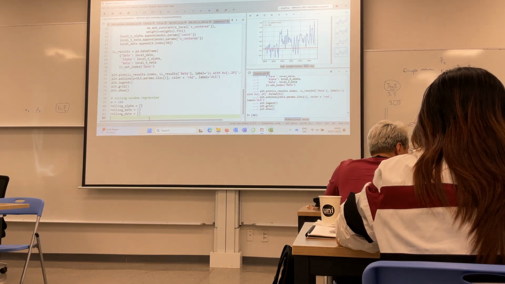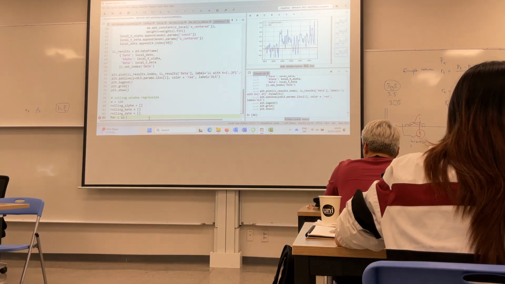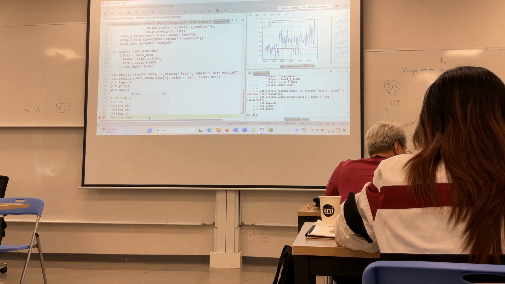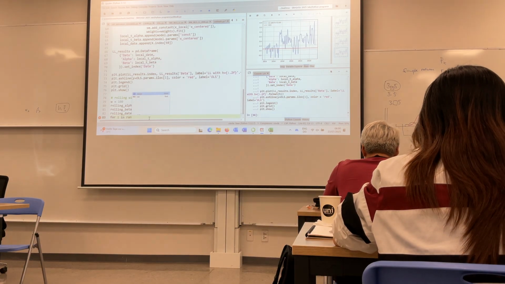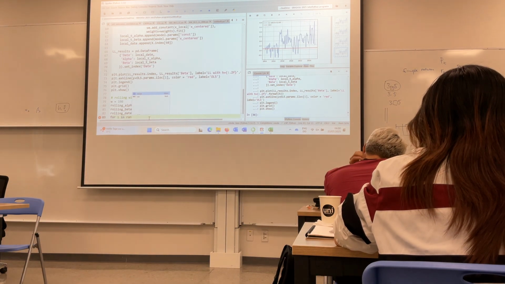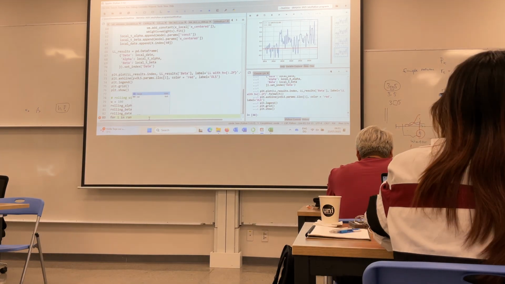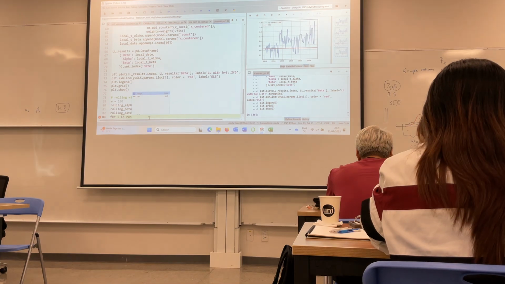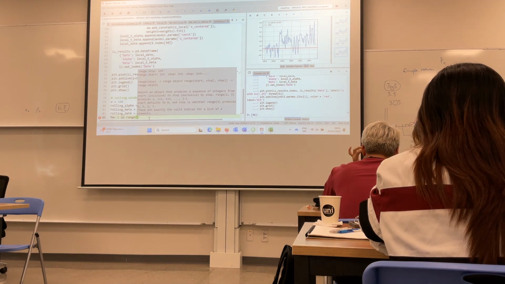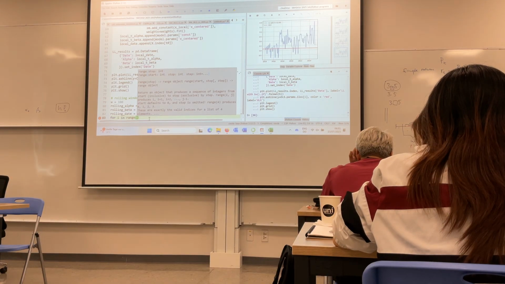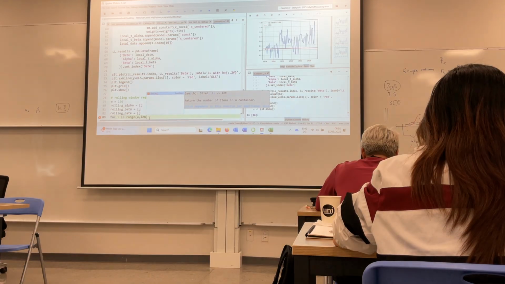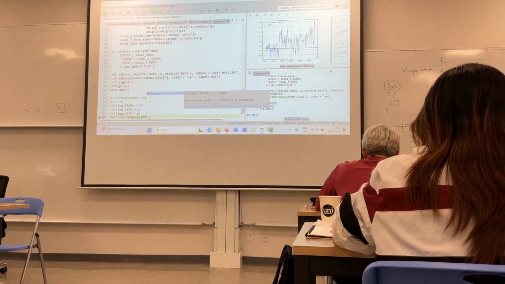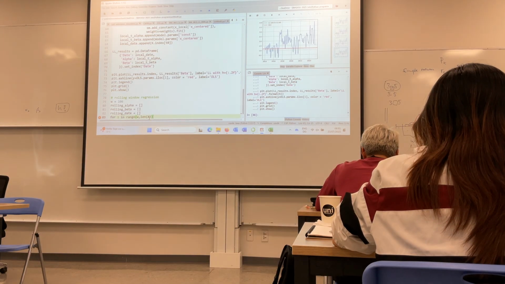W is defined, so now we can do a for loop over observations in range, and we want this to start at W and end at the length of x. X we have defined already.